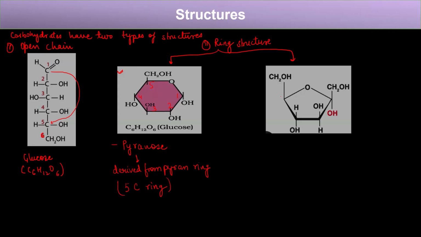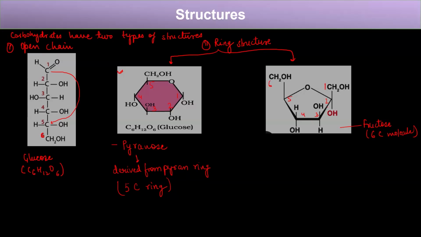Now, the second type of ring structure is what we are seeing here. Like the first was the example of glucose, the second is the example of fructose. Fructose is also a 6 carbon molecule, but it has a different structure than that of glucose. The difference we can see if we start numbering: the numbering here will start from here 1, 2, 3, 4, 5, 6.